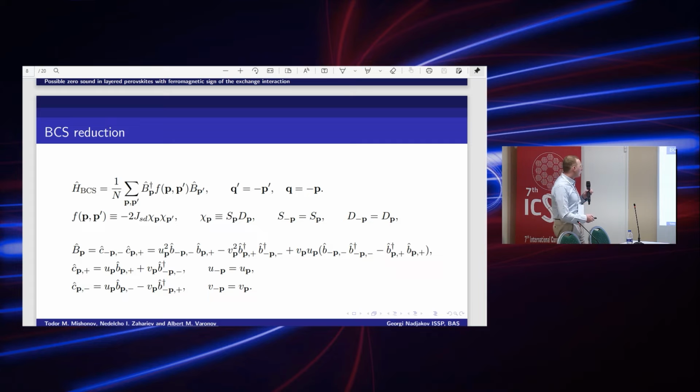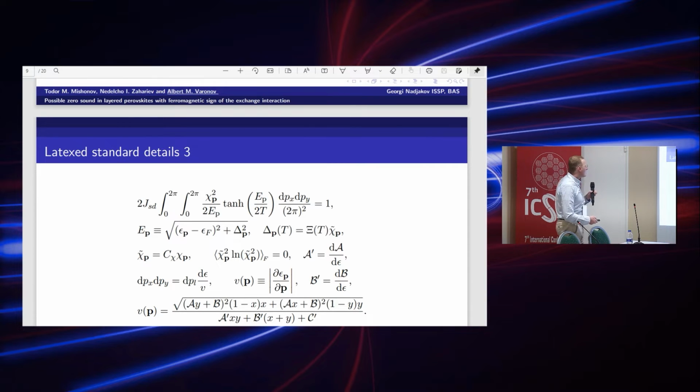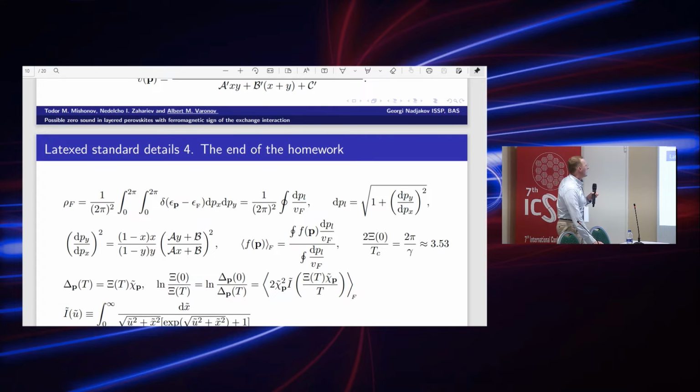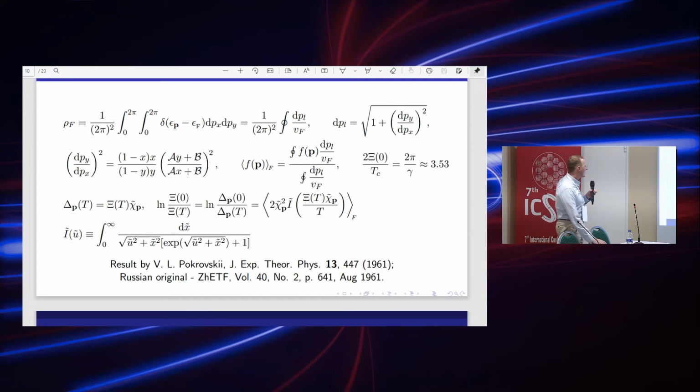Using the Bogoliubov transformation, we represent our Hamiltonian as this integral at the top, and obtain the velocity, and this integral can be solved using simple mathematical methods, and we arrive at the expression for the order parameter, which is the theory of Valery Pokrovsky, published in 1961.